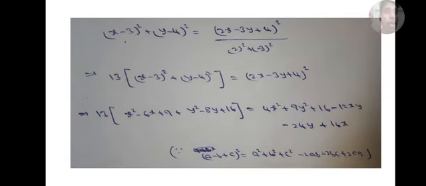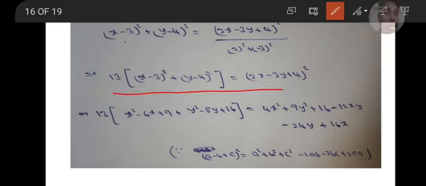Same in the LHS, the 13 comes to this side. In the LHS it is (a − b)², and the RHS is (a + b + c)². Same in the (a + b + c)² formula, wherever b is there you have to substitute the minus sign. So a² + b² + c² − 2ab − 2bc + 2ca.